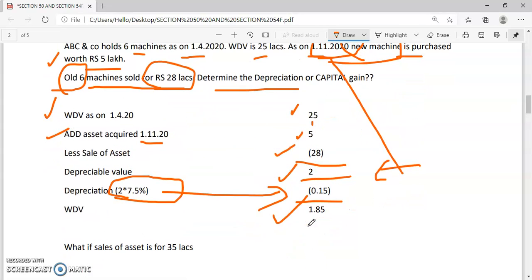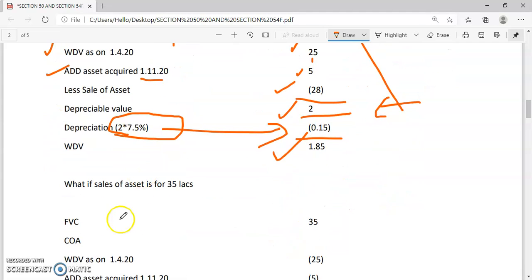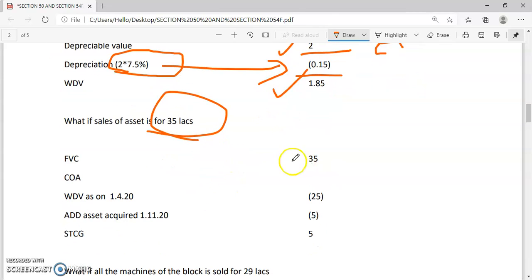Now consider this: in the last example the machines were sold for 28 lakh. However, if the machines are sold for rupees 35 lakh, then what will be the answer? Here the full value of consideration is 35.